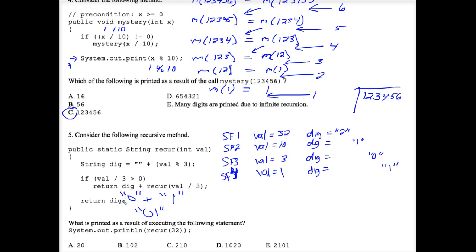It returns dig plus all of this. So this 1 here gets joined on to the 0, 1. Again, the 0, 1 is on the right, and this dig, the 1 here from the stack frame, is on the left. So that goes together to be this bigger string. And then it bubbles back up to stack frame number 1, where this 2 joins this from the left, and we end up with the string 2101. Not the number 2101, but the string 2101. The answer is E. This was tricky.